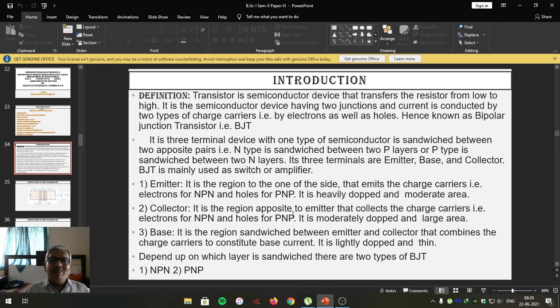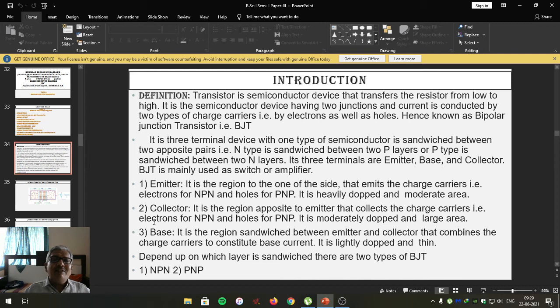If the transistor is a PNP, then the collector collects holes. Friends, it is moderately doped. Doping concentration of the collector is moderate, but its area is large. Area wise it is large, doping wise it is moderate.